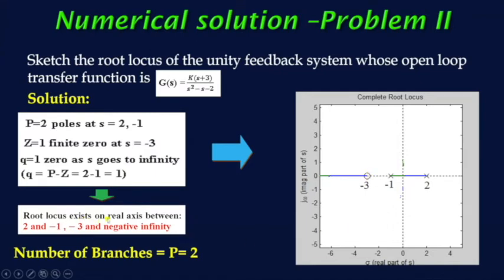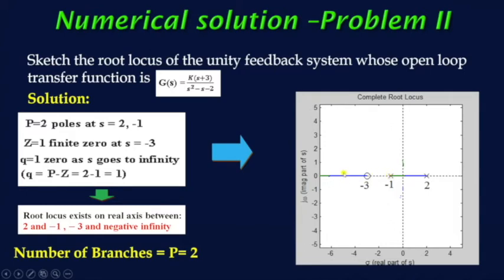Then find where the root locus exists on the real axis. Between 2 and -1, if we consider any test point, the right-hand side has only 1 pole, which is odd. So root locus exists between 2 and -1. Similarly, between -1 and -3, if we consider any point, the right-hand side has 2 poles, which is even, so there is no root locus branch.